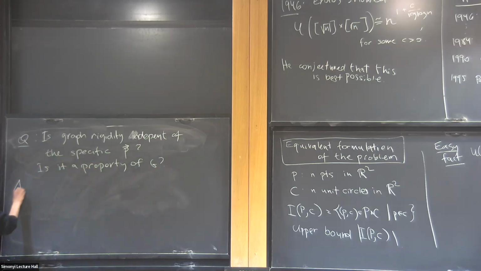And the answer is yes, I can look at the graph and tell you whether I'm going to get a rigid framework or a flexible framework, but only if my embedding is a generic one.